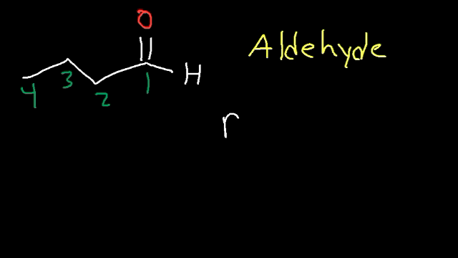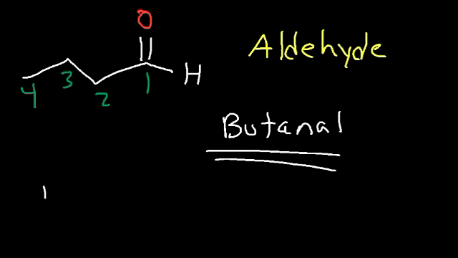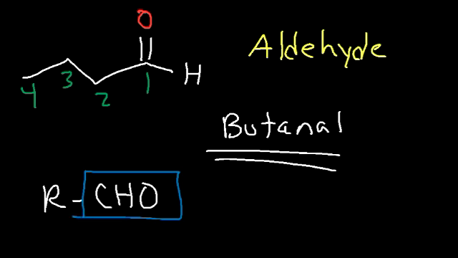So therefore, this is simply called butanal. And you don't have to say 1-butanal because it's already assumed that the carbonyl group will be on carbon 1 if it's an aldehyde. So aldehydes usually have this formula. Whenever you have a condensed structure, if you see CHO, it's an aldehyde. So the carbon is double bonded to an oxygen and single bonded to a hydrogen.